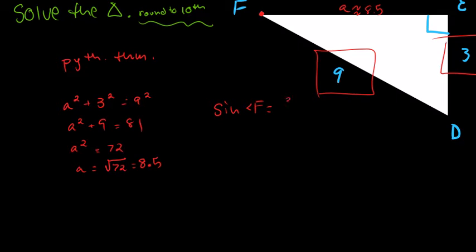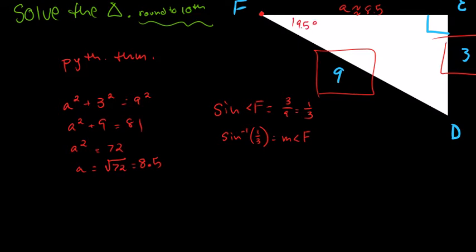So the sine of angle F is 3/9 or 1/3. So that means the inverse sine of 1/3 should give me the measurement of angle F. And if I input that into my calculator correctly, that should give me 19.5 degrees.